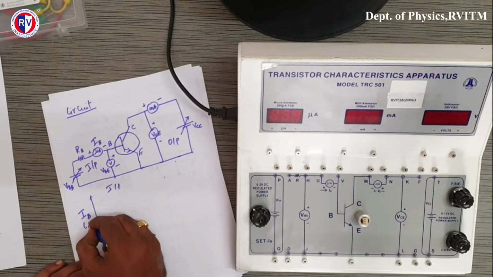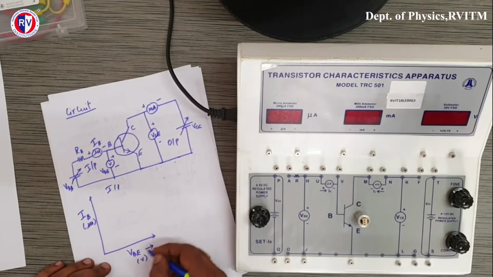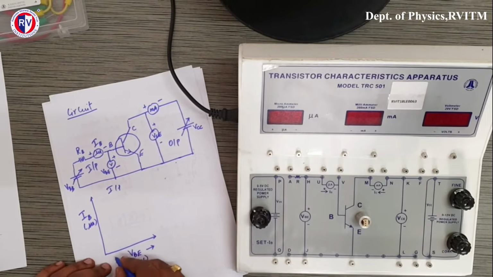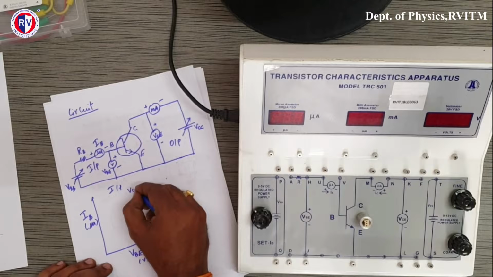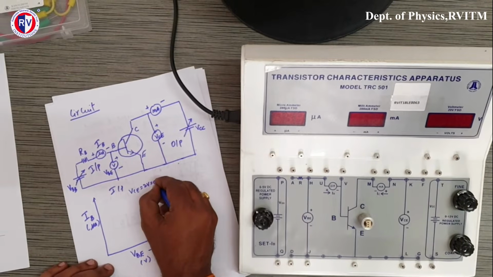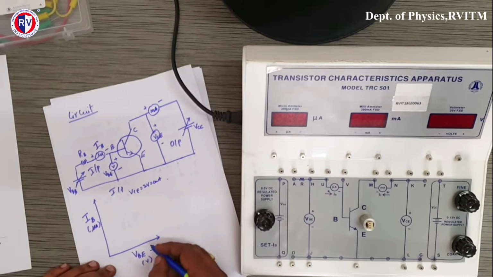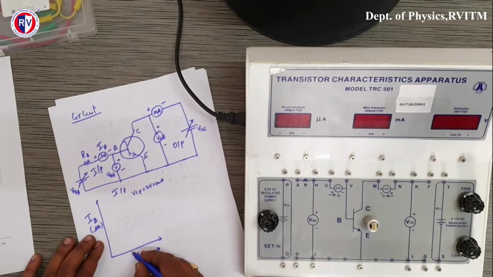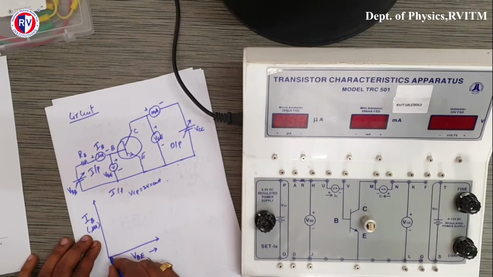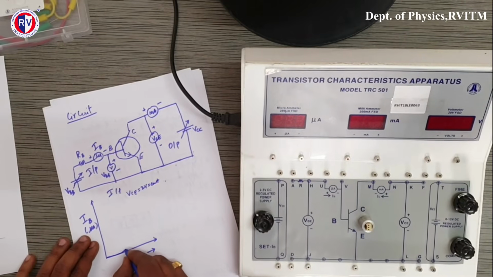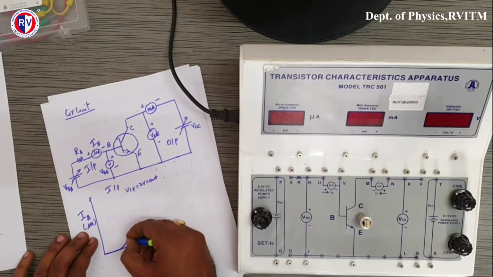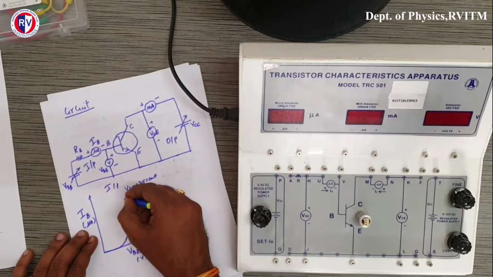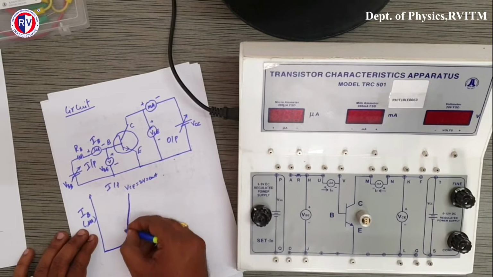For a fixed VCE, say 2 volts, which is constant, initially with increasing voltage the current will not increase much. After a particular voltage, the current starts increasing, and once crossing that voltage, the current increases linearly. The curve should look like this.